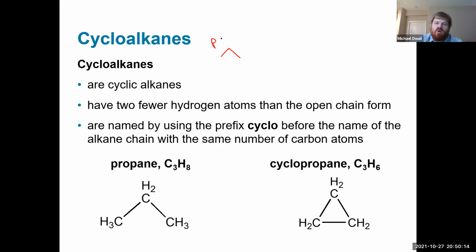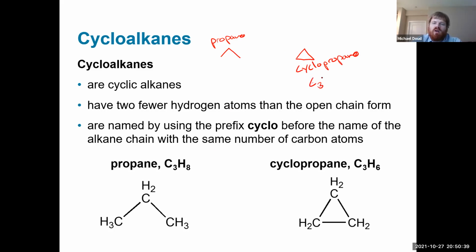So this is propane over here. And then cyclopropane has carbon 1 bonded to carbon 2 like before, bonded to carbon 3, and then bonded again to carbon 1. This is cyclopropane. And the way that we note this is, first off, we should note the chemical formulas here.